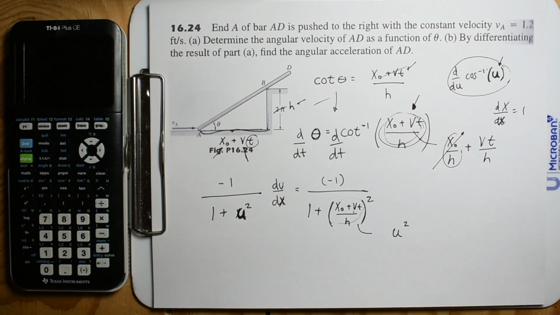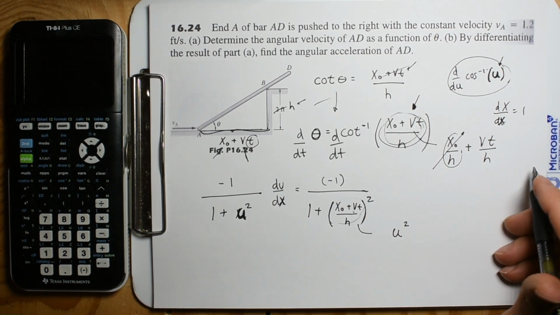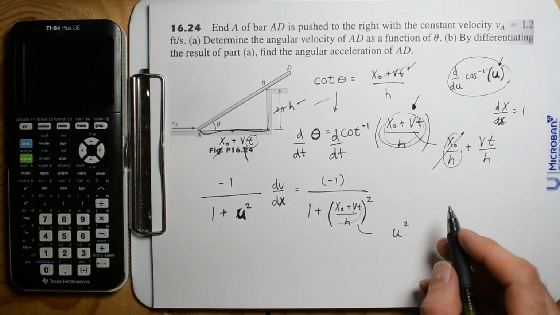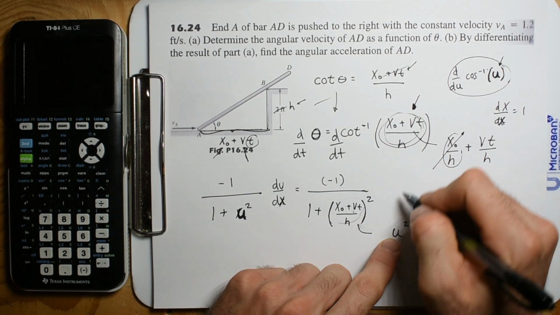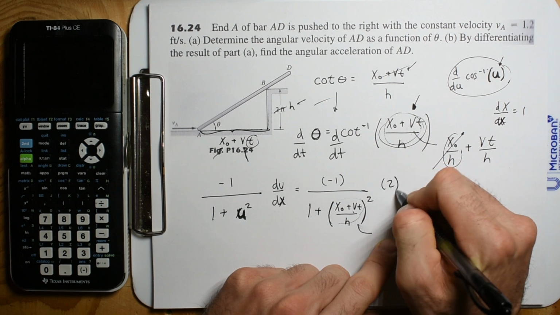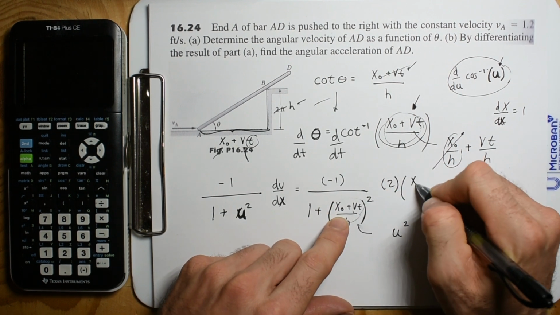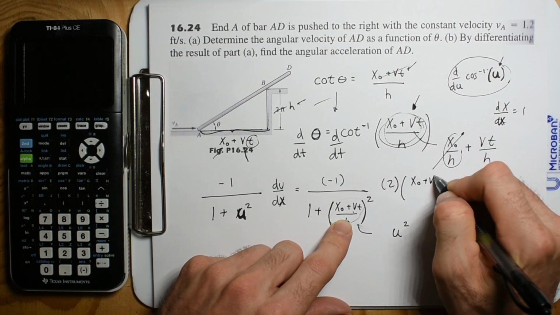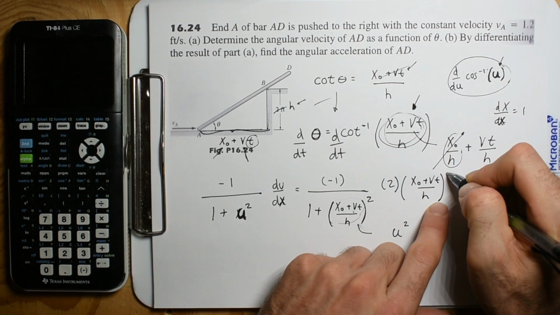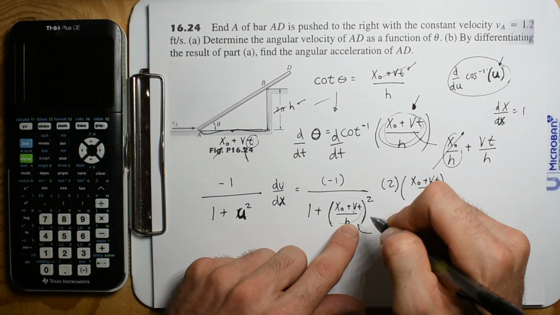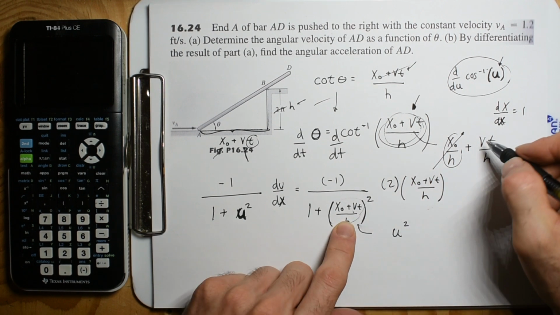But yeah, so the derivative of this is going to be, the 2 comes down, so we're going to have 2, everything inside this box, x naught plus v of t divided by h, to the 1 power, and then differentiating what's inside this box. That's what I was trying to get at.